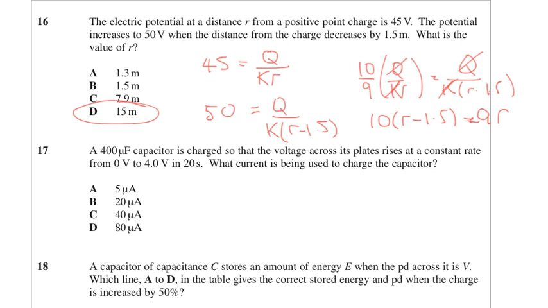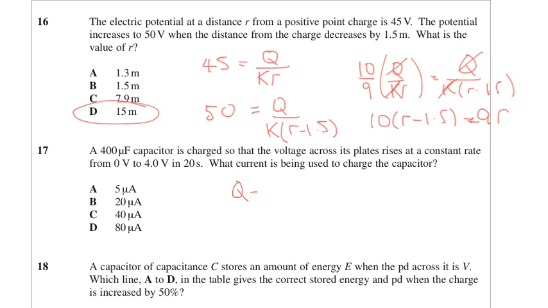Okay, a 400 microfarad capacitor is charged so that the voltage across its plates rises at a constant rate from 0 to 4.0 volts in 20 seconds. What current is being used to charge the capacitor? So we need to work out what the final charge is, and then we can divide by the time.